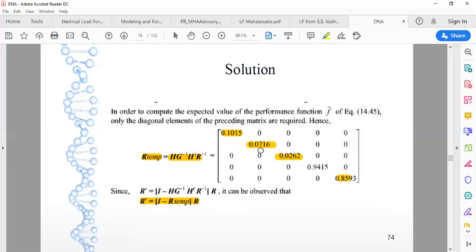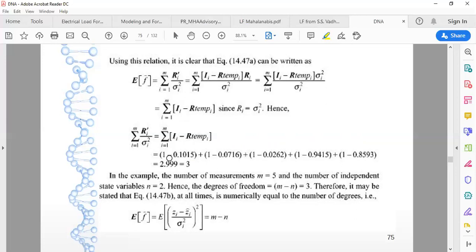If we substitute that equation, then we find 1 minus and plus, because here capital sigma stands for summation, so the sign of summation is used. Hence, each value is substituted for R temp and subtracted from 1, and ultimately we get 3.